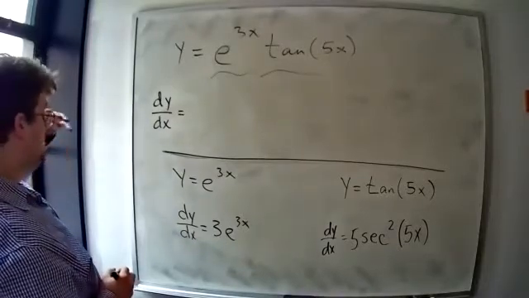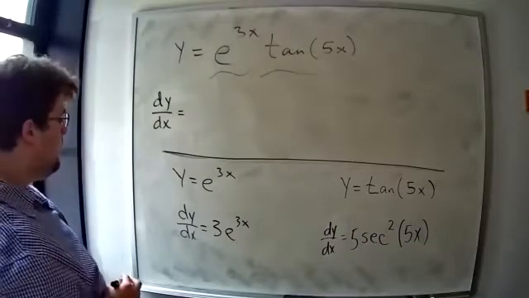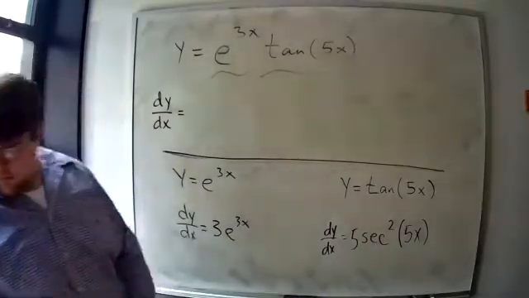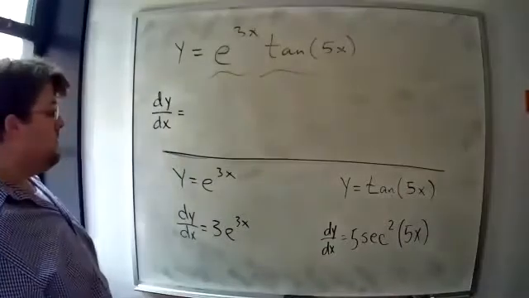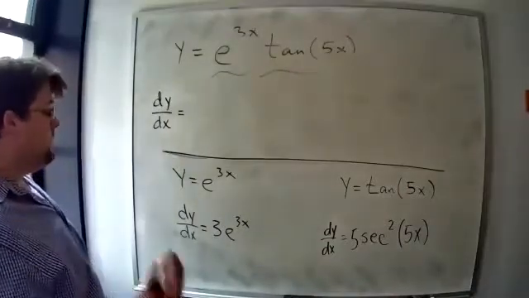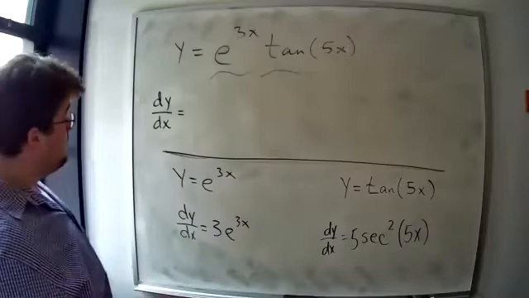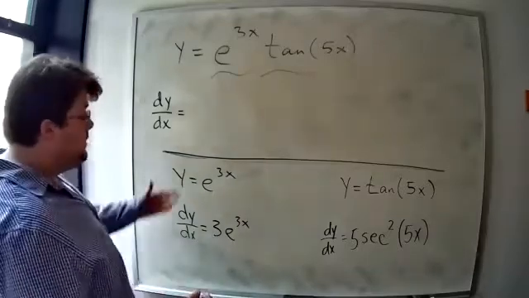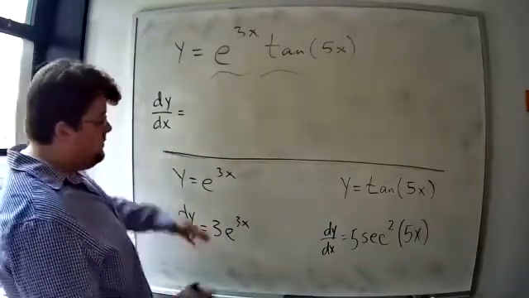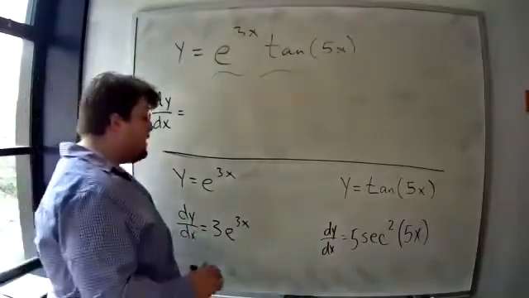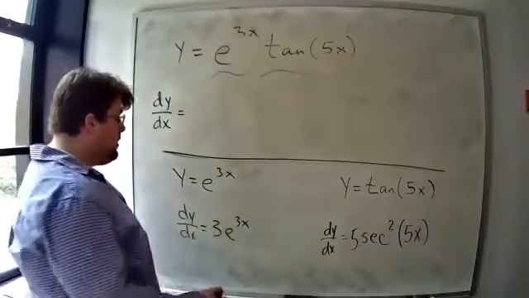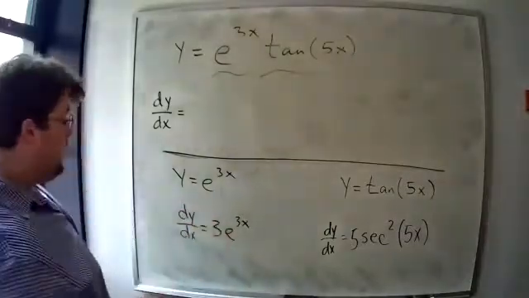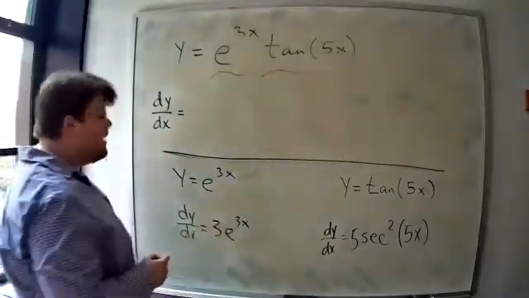I still don't get it. Well, in the derivative rules, there's a rule for the derivative of e to the x. It's the first one on page 2 of the derivative rules. The derivative of e to the x is itself. So that's where that comes from. And then we multiply by the derivative of 3x, which is 3.